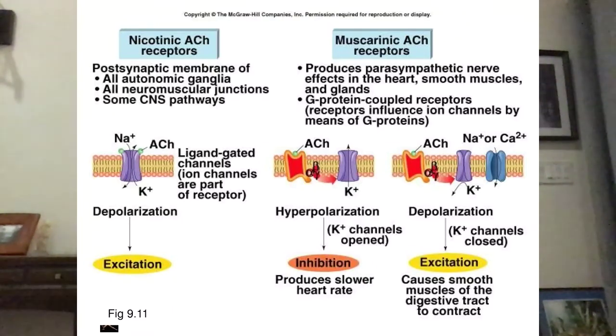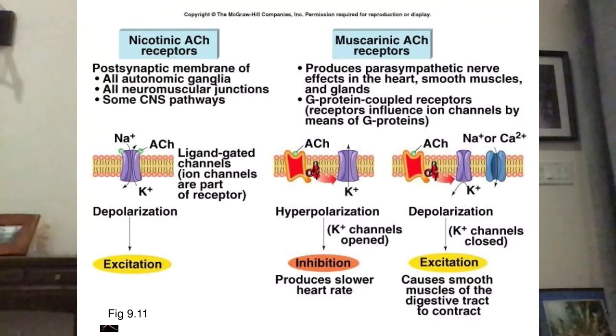Here you can see in this G protein coupled pathway, it can close a potassium channel, so that means potassium stays in, positive ions stay in, or it can open a sodium or calcium channel. And that means positive ions move in.